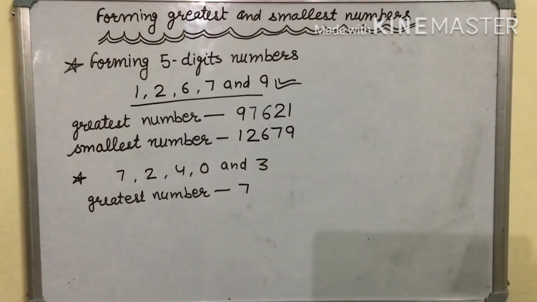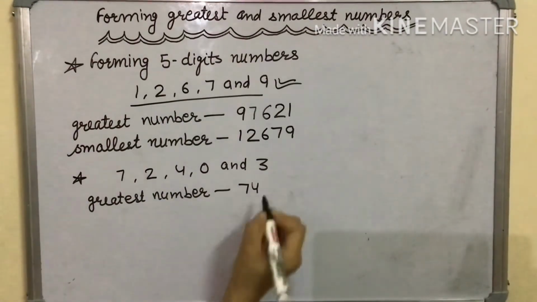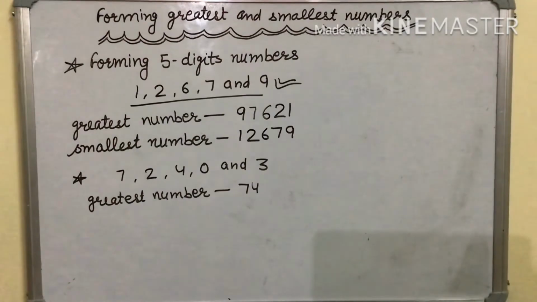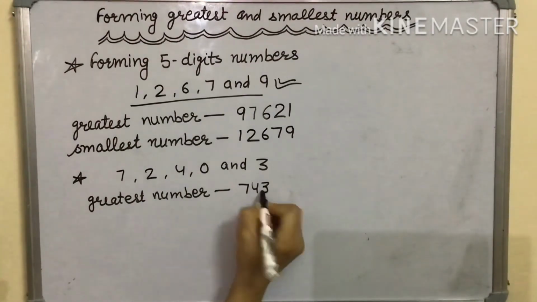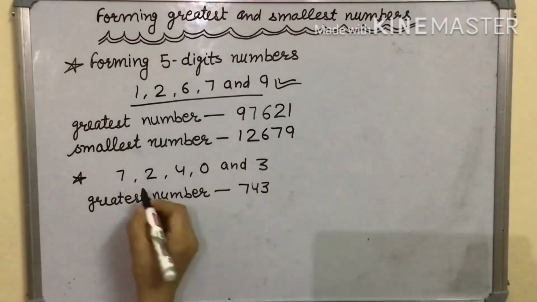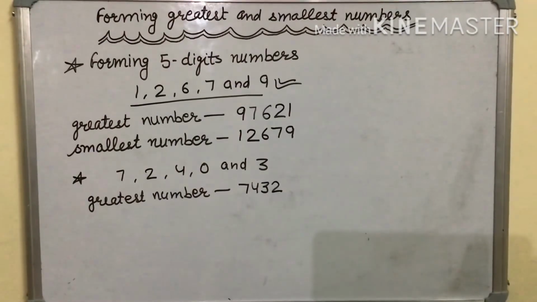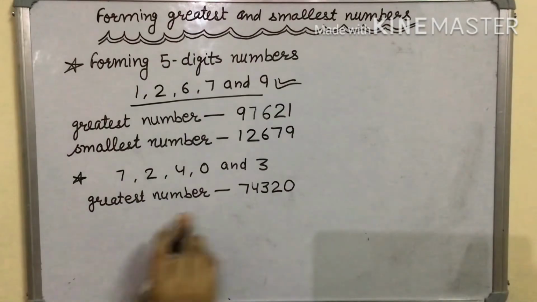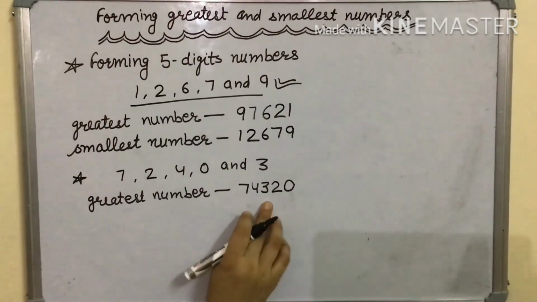So we will write here 7. After that 4 is the largest digit. After 4, 3 is the largest digit. And after 3, 2 is the largest, and in the end we will write 0. This is the greatest 5 digit number.